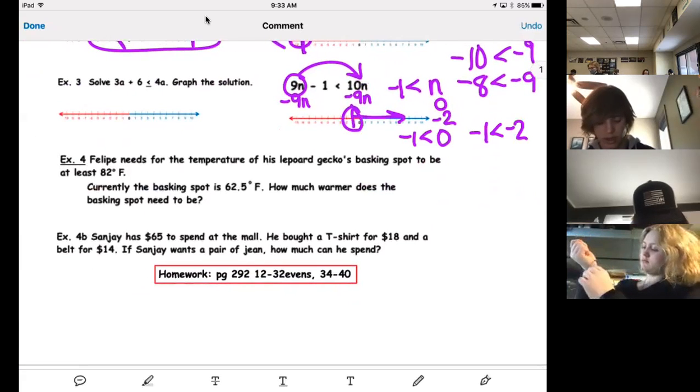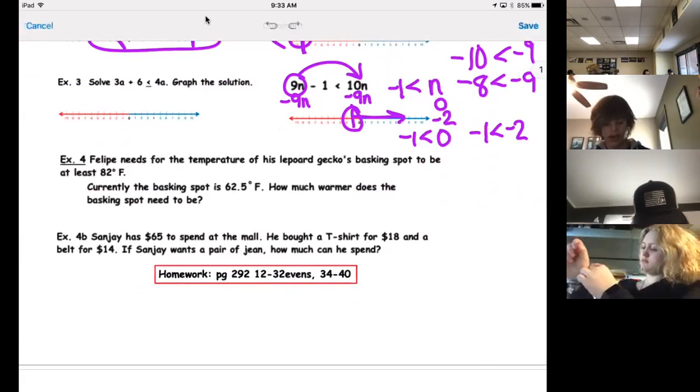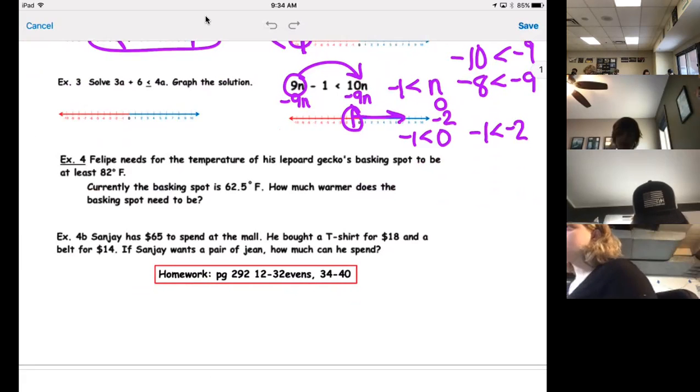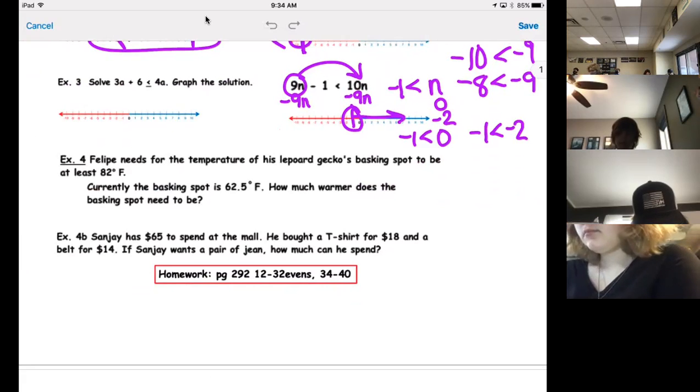Felipe needs, for the temperature of his leopard gecko's basking spot, to be at least 82 degrees Fahrenheit. Currently, the basking spot is 62.5 degrees. How much warmer does the basking spot need to be? Okay, so right now it's 62.5 degrees, right?